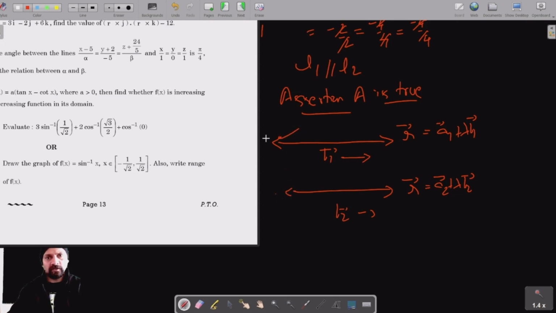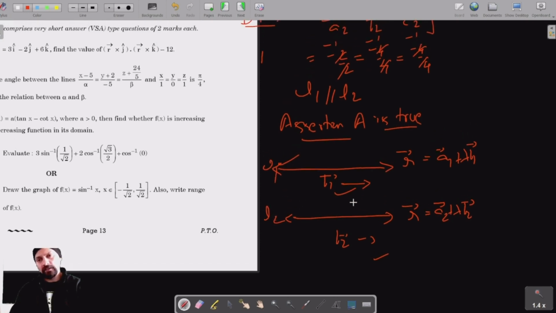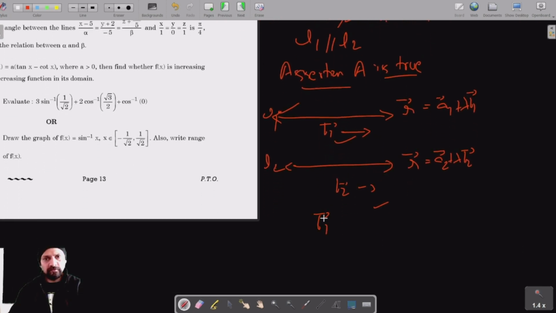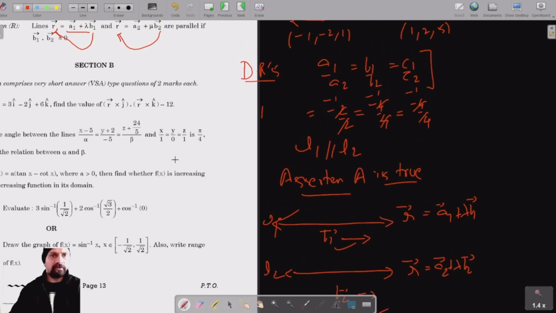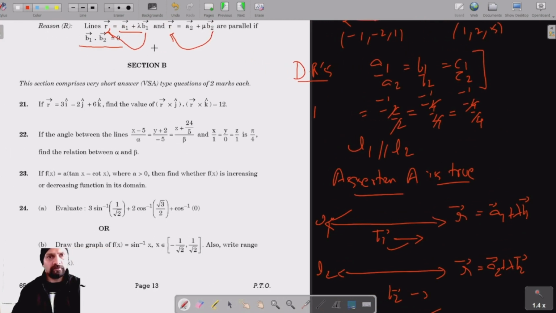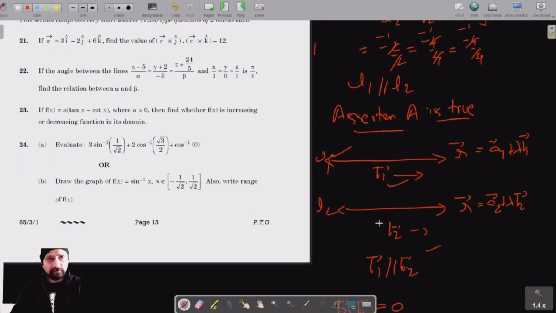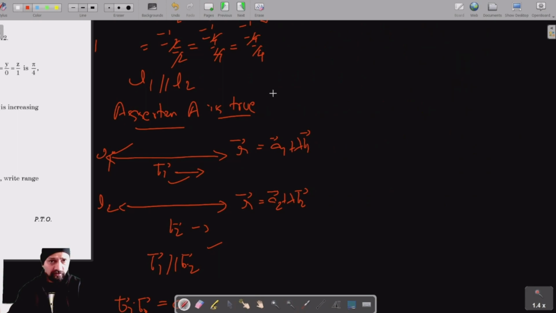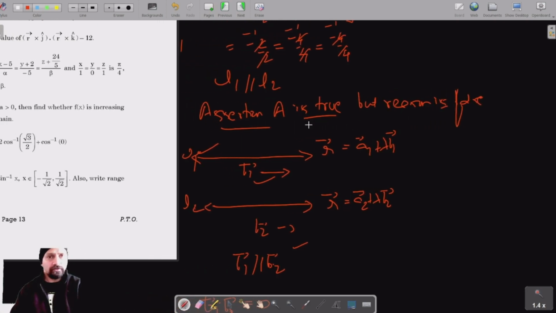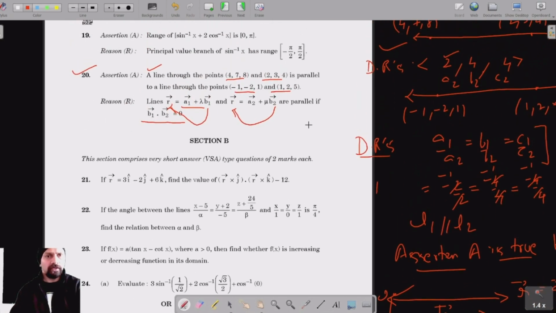When these two lines are parallel, b1 should be parallel to b2. But it's given that the dot product of b1 and b2 is equal to 0, which would mean these vectors are perpendicular, but that is false. So the assertion is true but the reason is false. This solves our question number 20.